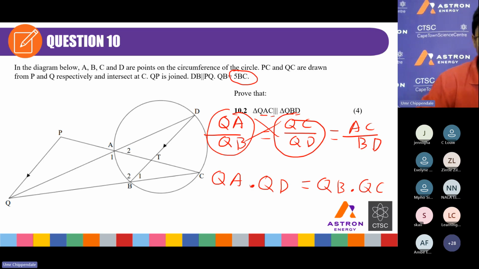So moving on to this one, QB is equal to, let's get a bit more space. That is now going to be equal to, so our QB is actually going to be 5 of BC, multiplied by our QC, and that's going to be our 6 of our BC.